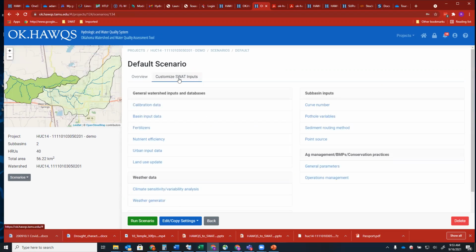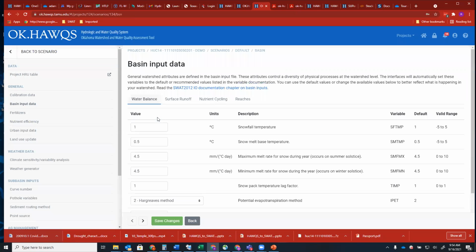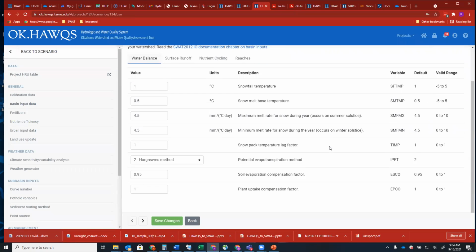Okay. Also, you can change other inputs such as basin input data, for example. Here Hargreaves is the default method. I can change your ET method. If you don't like the Hargreaves method, you want to use Priestley-Taylor or Penman-Monteith, you can change that now.